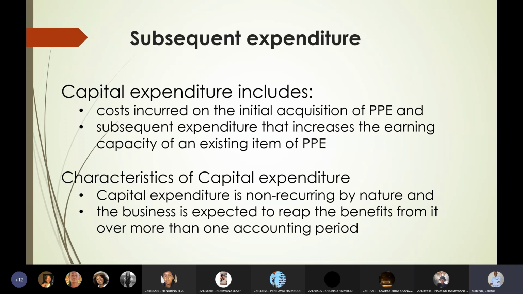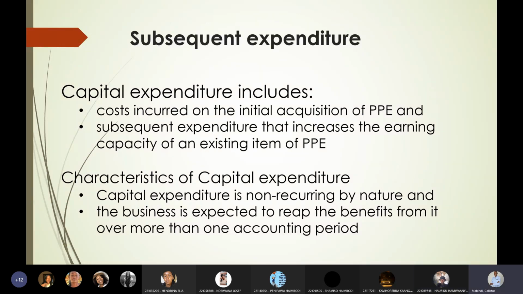So that additional floor that you've added to your flat, since now you have an extra room, you can actually rent out those rooms, and you're going to reap the benefits of renting out those rooms for more than one accounting period, or for more than one year. So that's a capital expenditure.